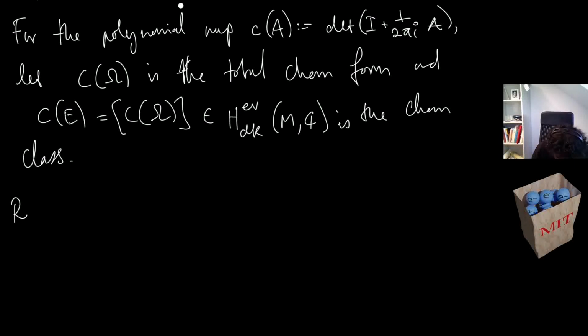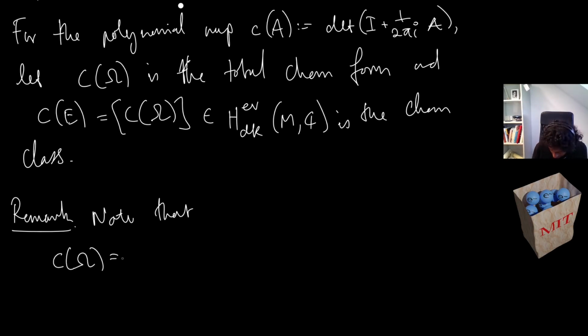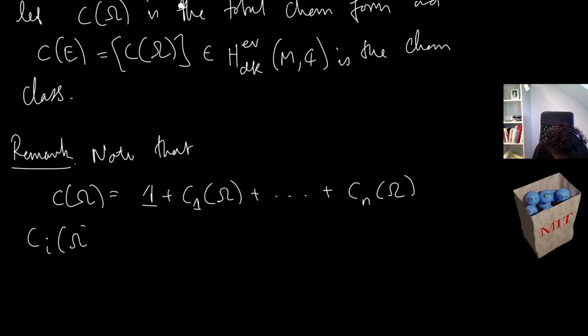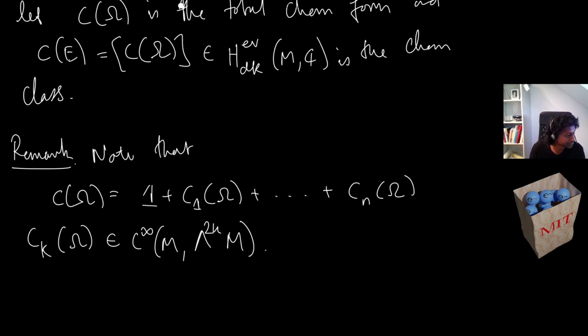So note, maybe another remark, note that C of omega is equal to 1 plus C1 of omega plus up to Cn of omega, where Ck of omega is now a 2k form. Okay. All right.